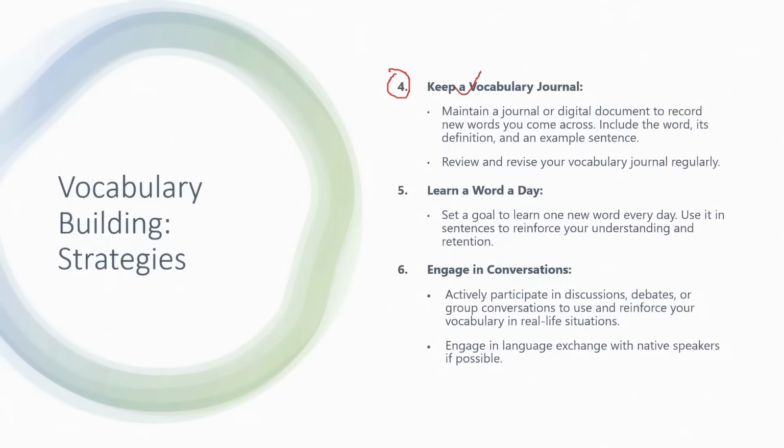Next one, keep a vocabulary journal. Maintain a journal or digital document to record new words you come across. Include the word, its definition, and an example sentence. You must use a journal.